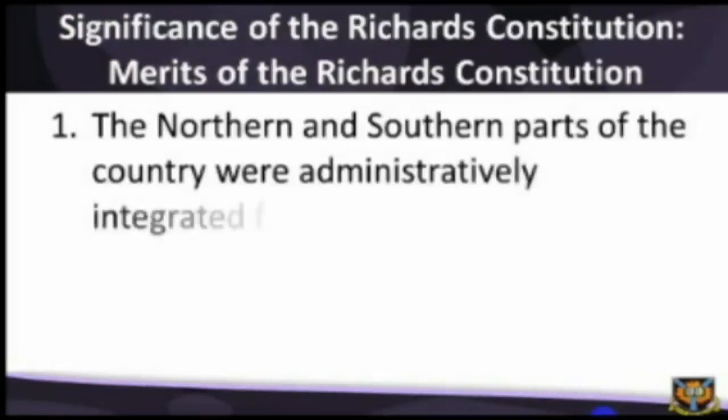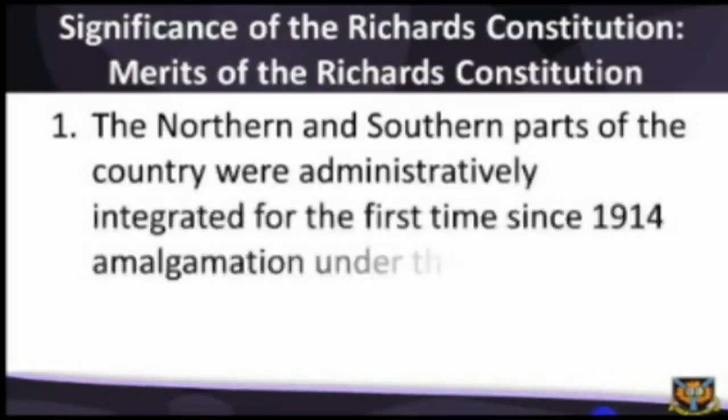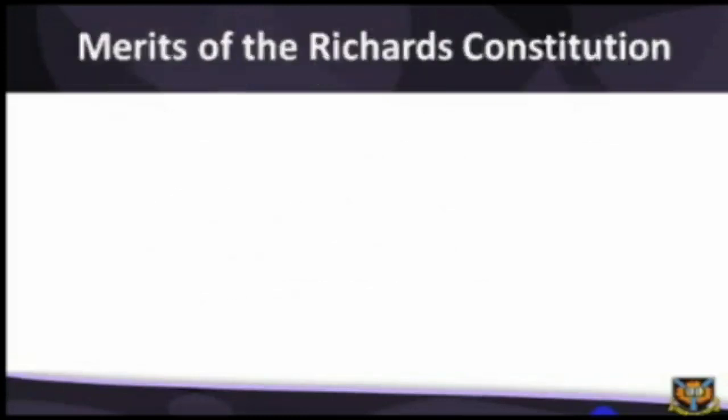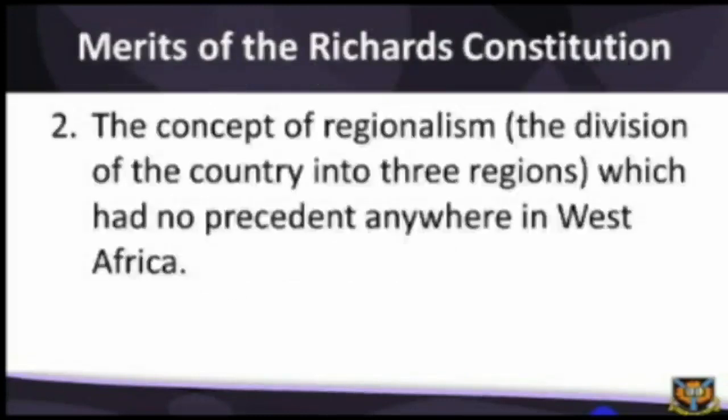Regarding the merits of the Richards Constitution, the northern and southern parts of the country were administratively integrated for the first time since the 1914 amalgamation under the Legislative Council in Lagos. It was unique because since 1916, when Lugard, who amalgamated the 2 territories, left, the southern and northern territories had been administered separately.